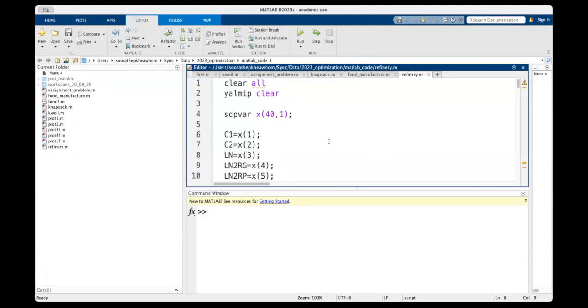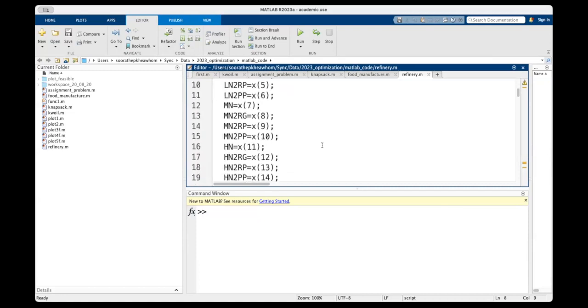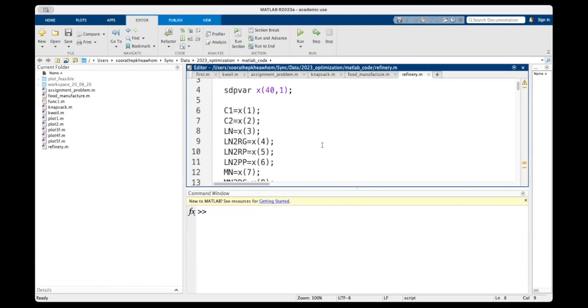It's impossible to remember which x1 is standing for what variable. So in my case, I write it this way: C1 is x1, C2 is x2, Ln is x3. Then from now on, we can use these variables to represent each decision variable. You see that? I start with C1, C2, Ln.